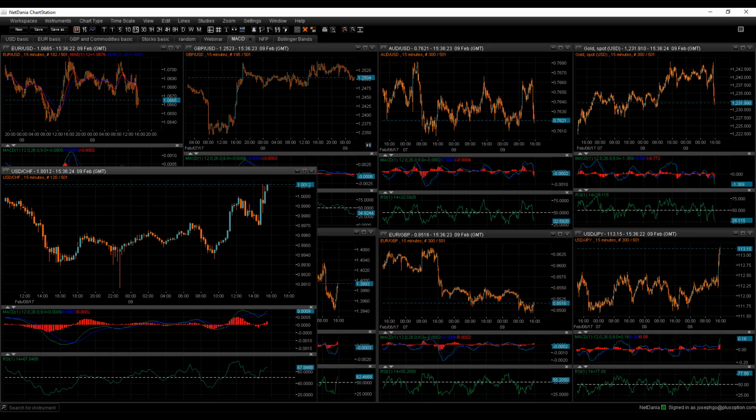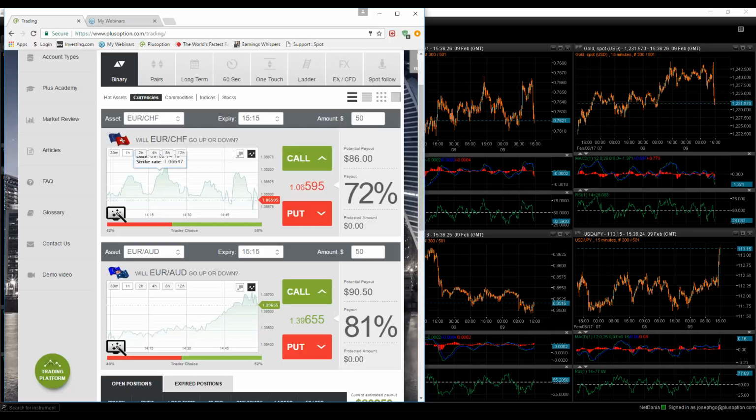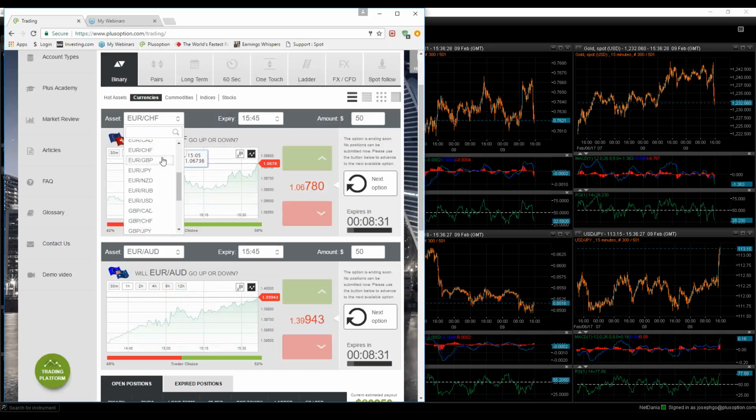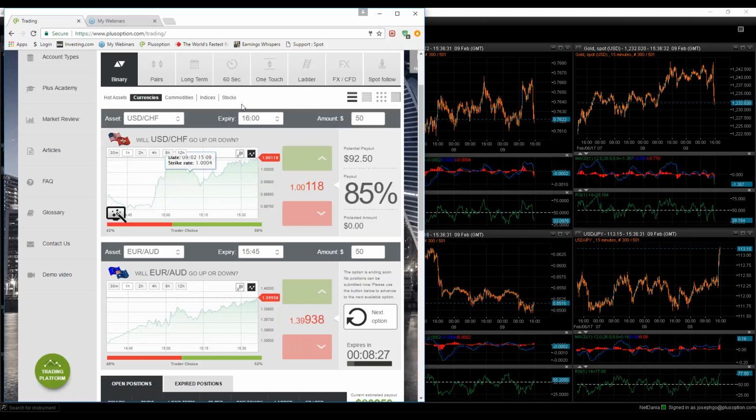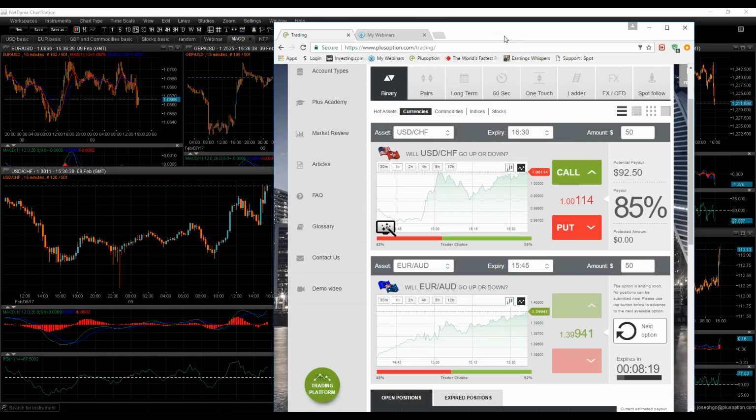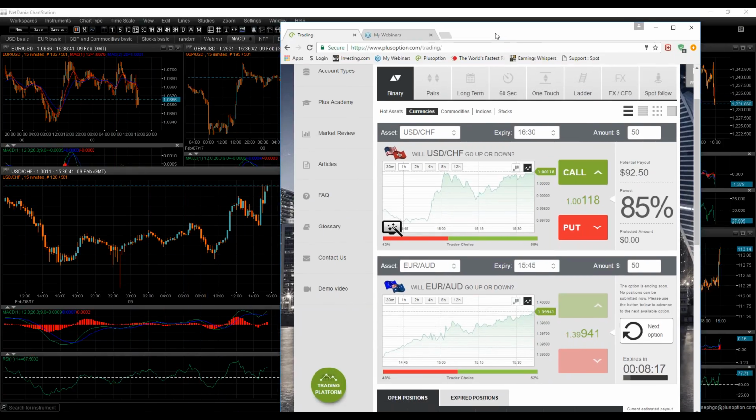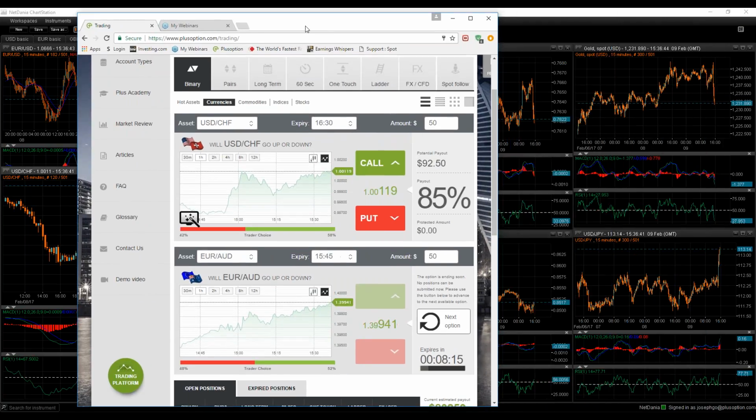So let's come over to our platform. First of all, we're going to go for USD CHF and see if there's a relevant expiry for right now. And 1630, it's a bit less than I want, but since we've already missed the beginning of the trend, we could still catch the tail end.